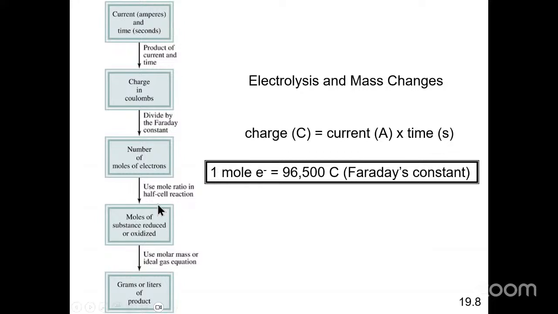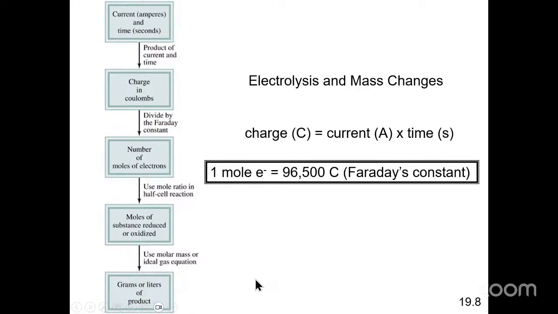And then based on the balanced half equation for the reduction or oxidation of a particular species, you can determine the moles of the substance that is either formed or reacting at a particular electrode. And then, depending on the nature of the question, you could be asked, for example, for the mass or the volume, then you'd use the molar mass or the ideal gas equation if you're asked to find the grams or liters of product.